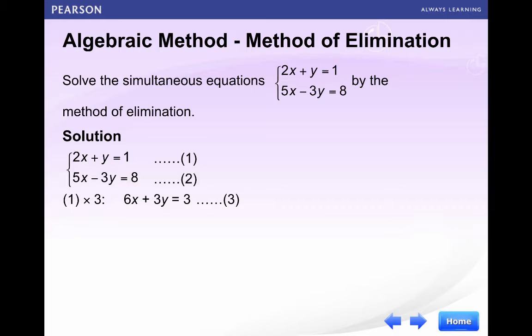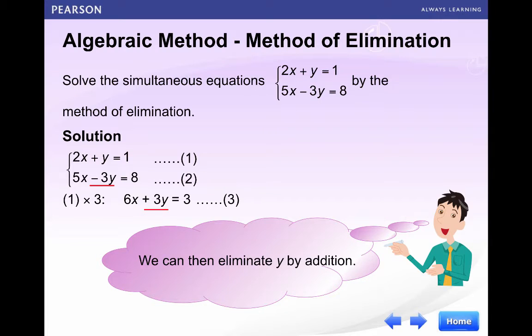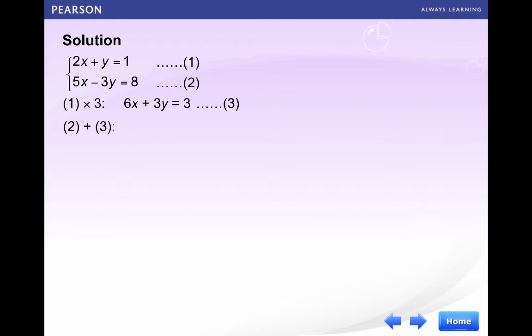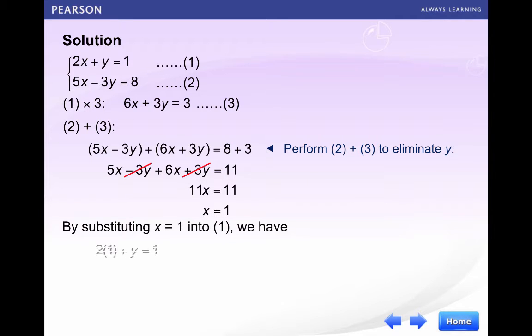In this equation we have 3y, and it can be compared with the second equation. They are opposite numbers, so we can add the second equation and the third equation. And then we can eliminate y. So we can find out what x is, and then we can find y. By substituting this into equation 1, we can find y and the solution.